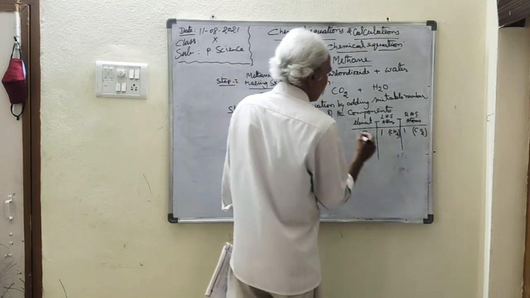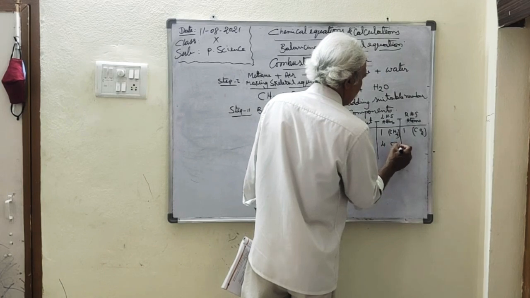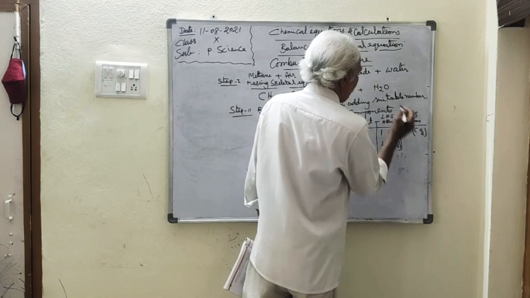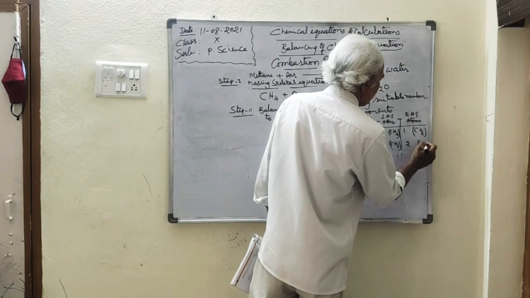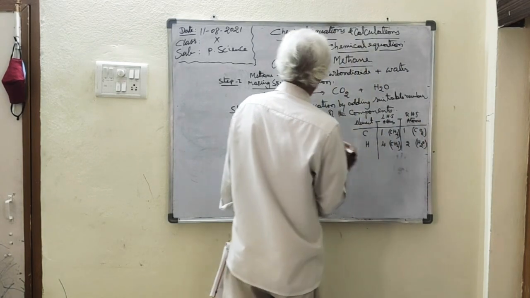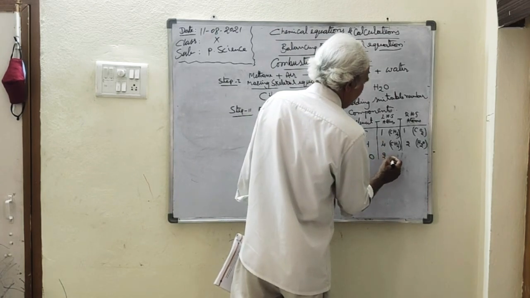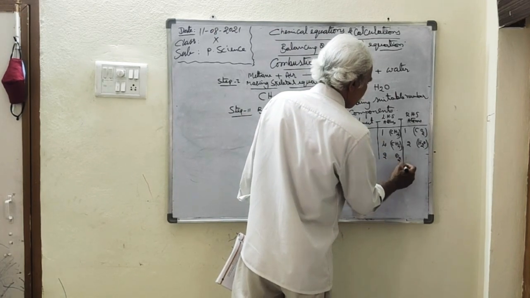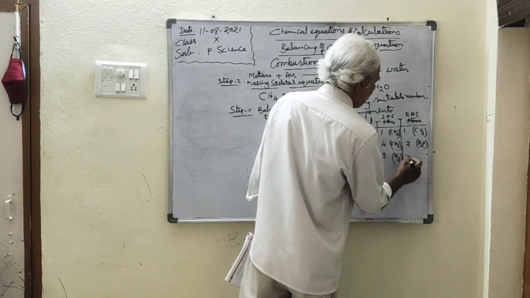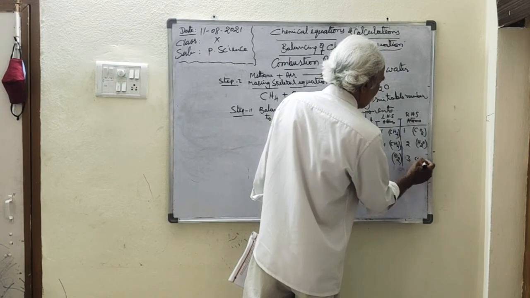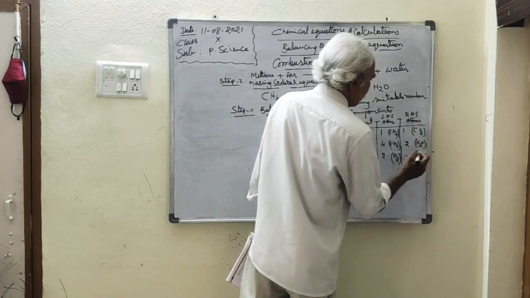How many? 4 atoms are there from the methane, and 2 atoms from water. Next oxygen. Oxygen 2 atoms are present from O2, and on the right, oxygen atoms are 3 from CO2 and H2O. From these 2 compounds we got the 3 atoms.